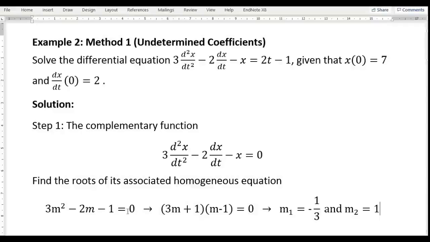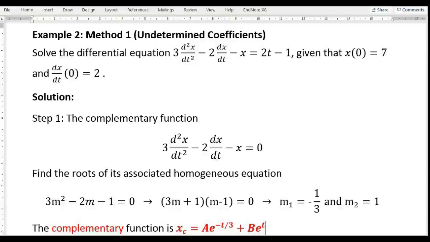Okay, when we factorize this expression, we get the factors (3m plus 1)(m minus 1) is equivalent to 0. So this will give us roots of minus 1 over 3 and 1.